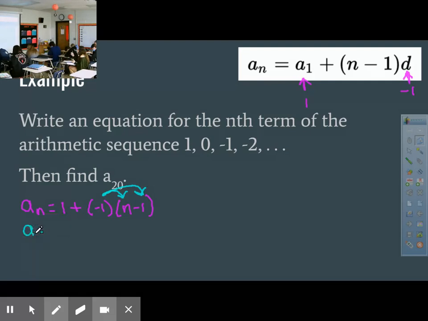So the nth term would be 1 plus negative n plus 1. Negative 1 times n is negative n. Negative 1 times negative 1 is positive 1. Now you combine your like terms. What's 1 plus 1? So it would be 2 minus n or negative n plus 2. Either one is fine.